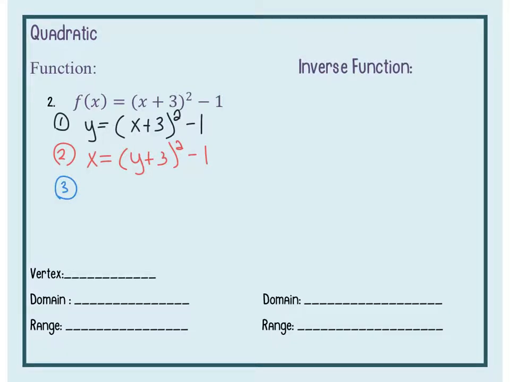So I'm going to add and subtract first. So what am I going to add? I'm going to add 1, because I always do the opposite of what was there. Next is to take the square root. So I'm going to take the square root of both sides. And when I take the square root of both sides, I no longer have a squared over here.